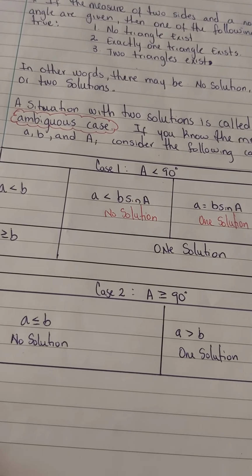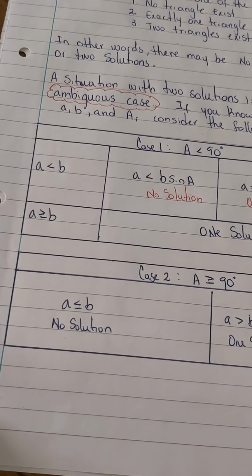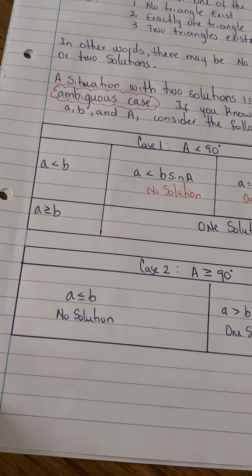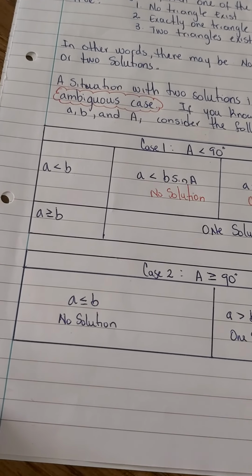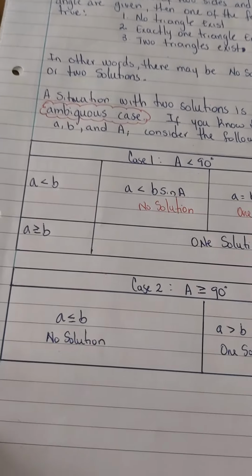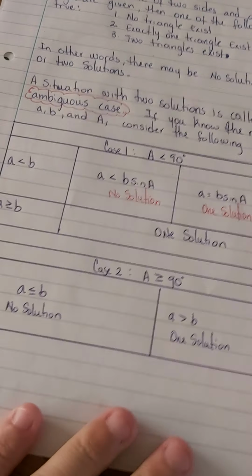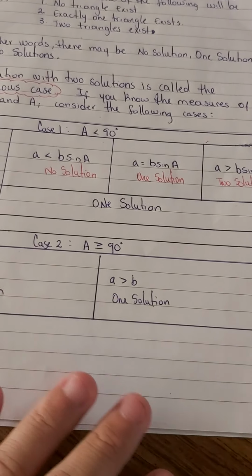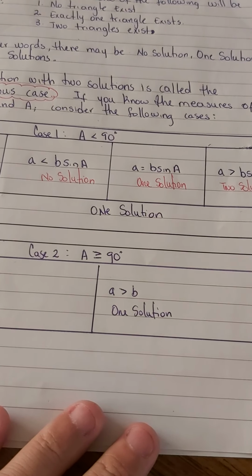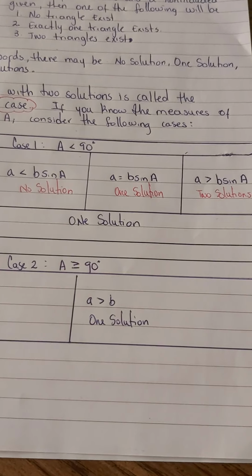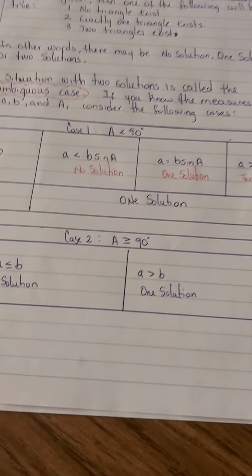If this is true, then you compare side A with side B. If side A is less than or equal to B, then it has no solution. If side A is greater than side B, then it will have one solution.